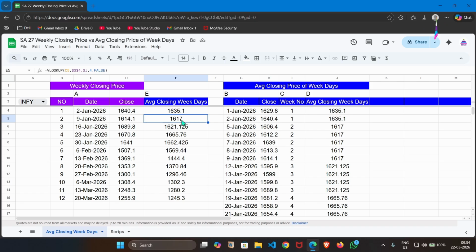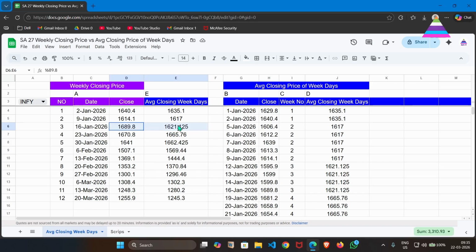Now once we have this, we can do comparison. If we consider 16th January, weekly closing price is 1689, whereas average closing price of weekdays is 1625. So we can see there is a drastic difference, and based on this we can do some analysis.